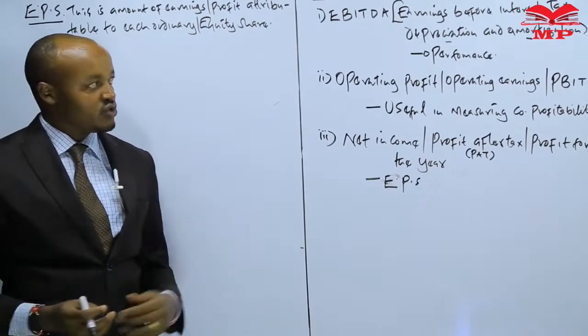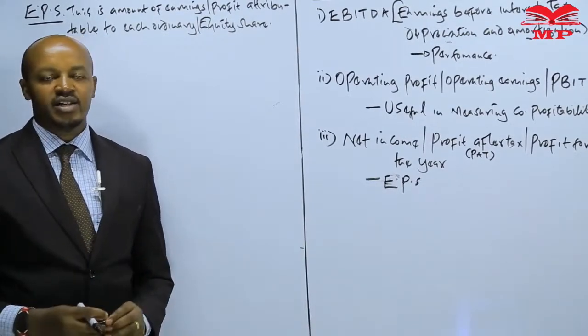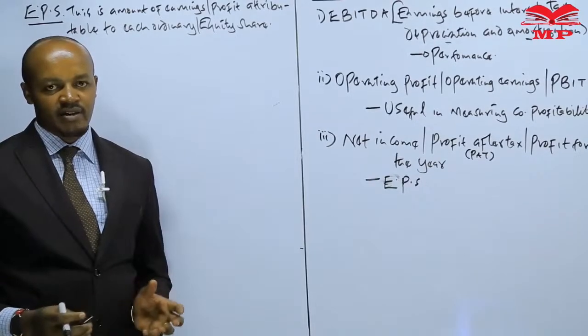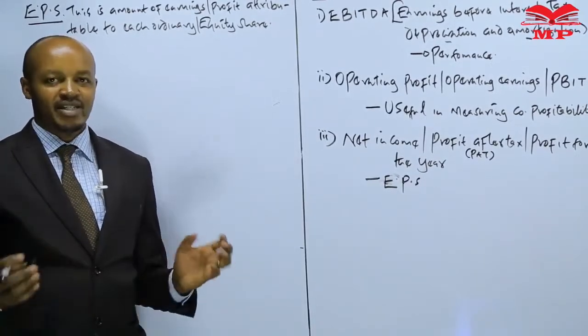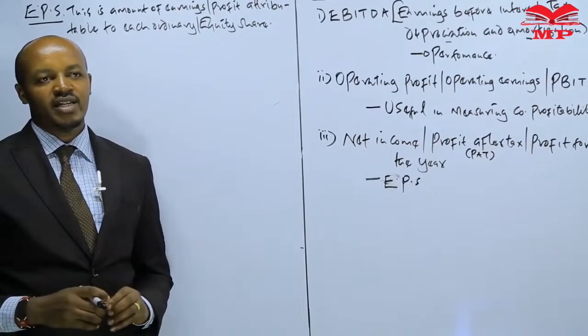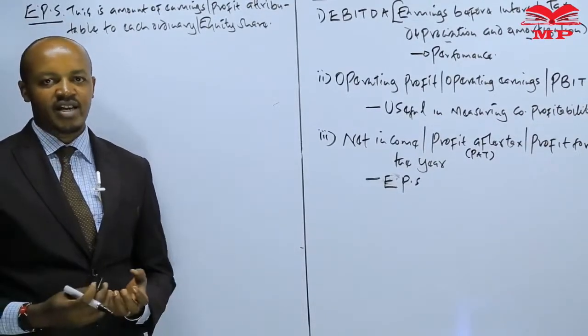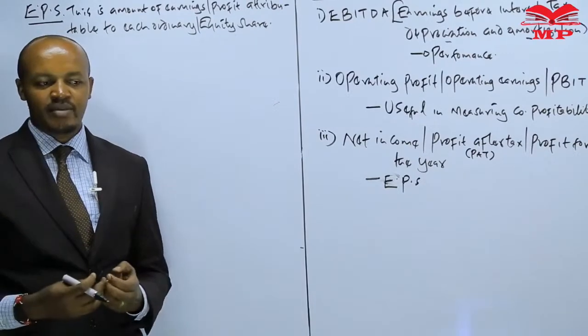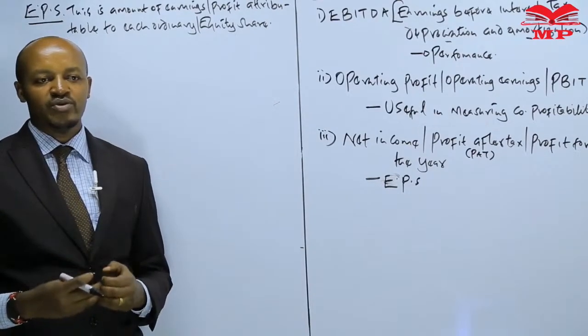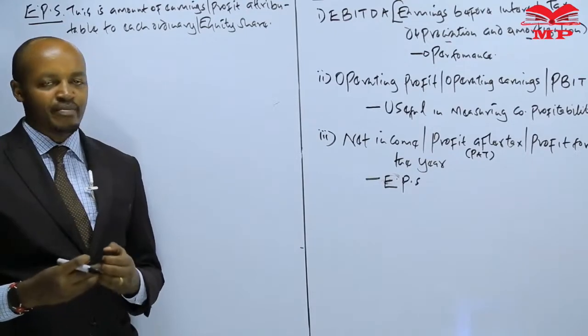Now, according to IAS 33, that is International Accounting Standard number 33, all listed companies, meaning companies whose shares are trading in the securities exchange market, are required to compute and disclose the earning per share.